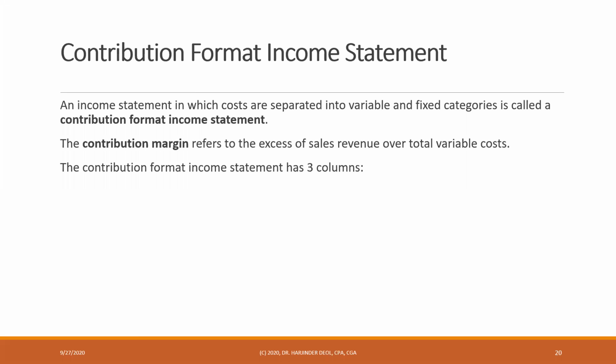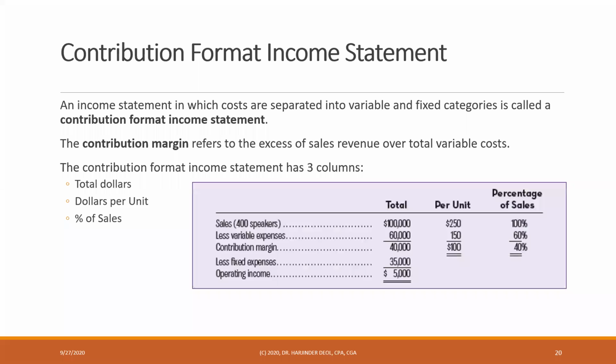So your contribution format income statement needs to have 3 columns for total dollars, for dollar per unit cost, and percent of sales. It's going to look something like this, where we have 3 columns for total, per unit, and percent of sales.